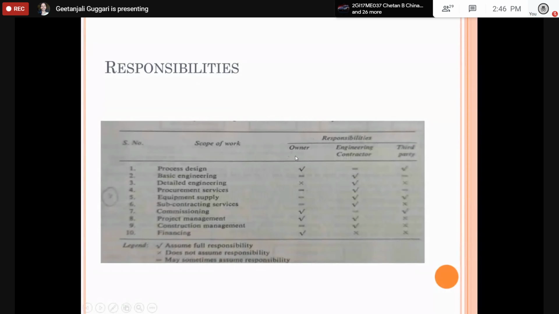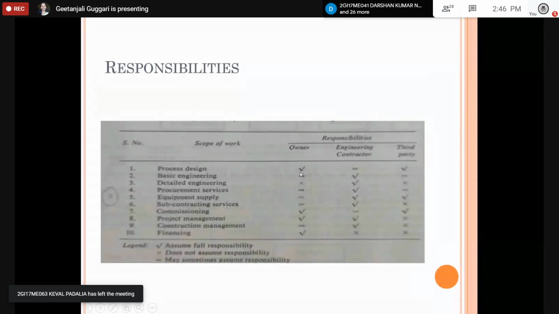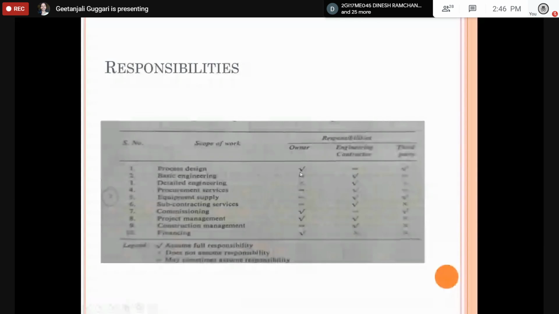The owner is taking the help of the engineering contractor and doing all the finalization, the last decisions. Sometimes he is responsible, the engineering contractor also.